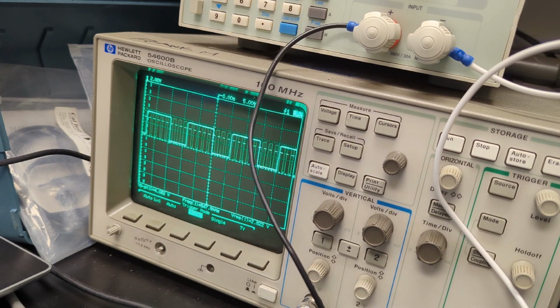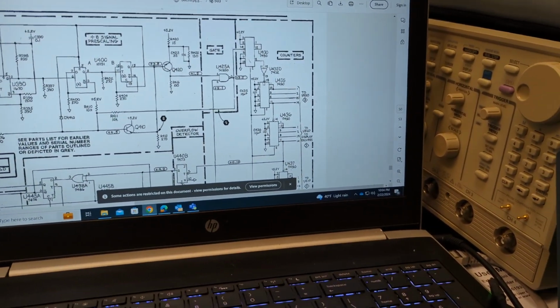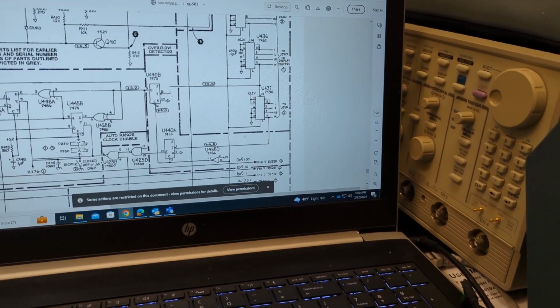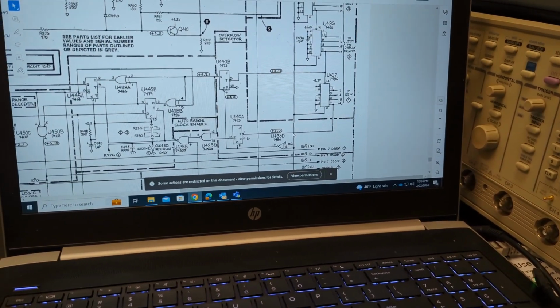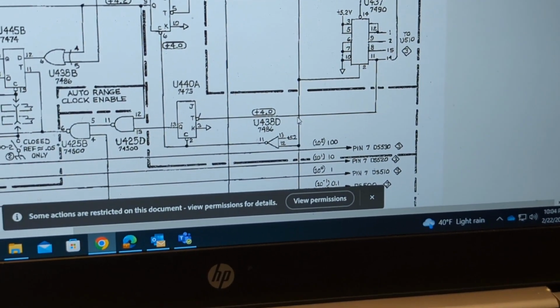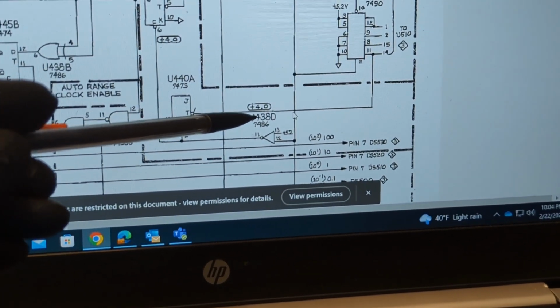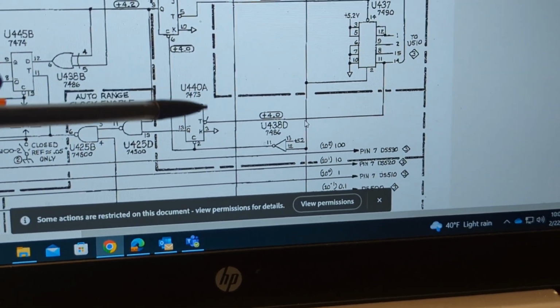So that's good. But let's take a look at another clue I was given. Let me pan back over to the service manual. I was not seeing this plus 4 volts, where it says U438D, which goes on to this flip-flop U440A.